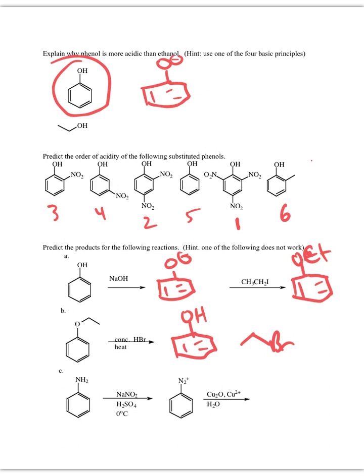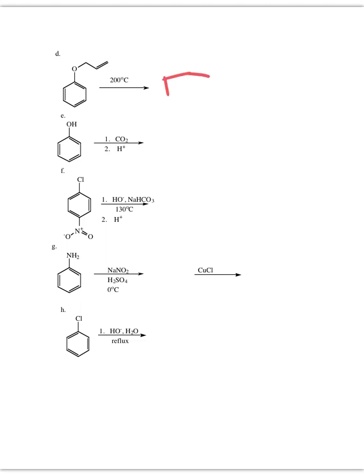Now we haven't done this next mechanism yet, but we will. So aniline and NaNO2 and H2SO4 makes the diazonium salt, and then whatever's on the copper replaces that. And this is the only way we can make phenol, is go from aniline to the diazonium salt and then replace it with the oxygen. So don't do it any other way. On the next one, we can do this.